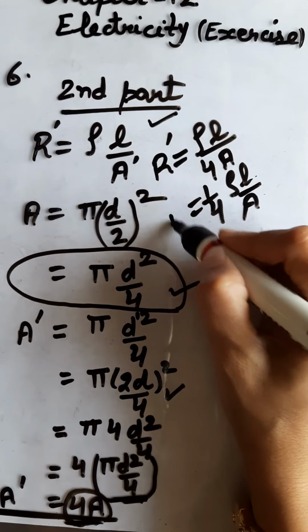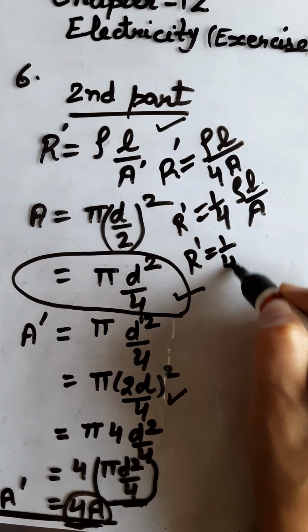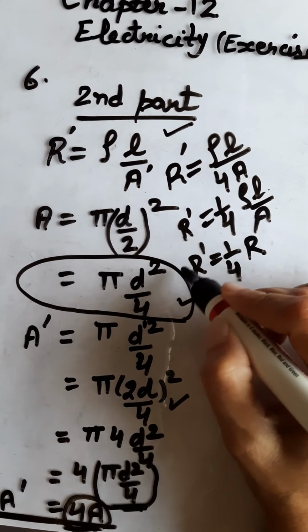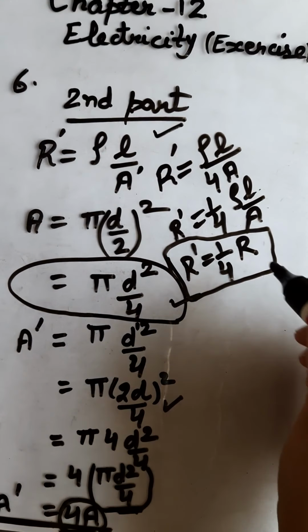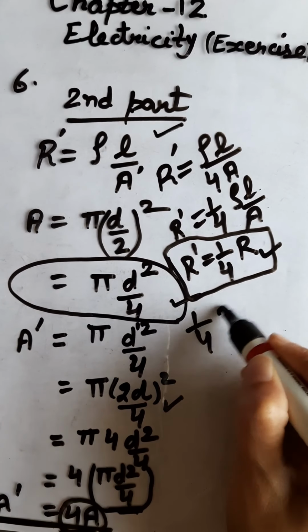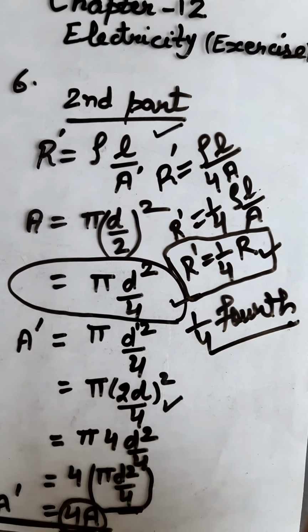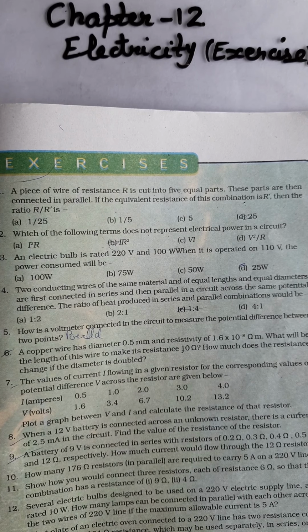It will be 1/4 of the earlier, and ρL/A is the resistance. So by doubling the diameter, the resistance is 1/4 of the earlier resistance.